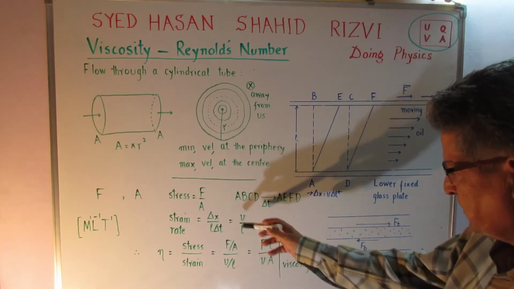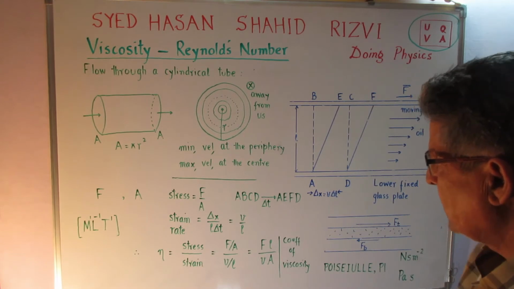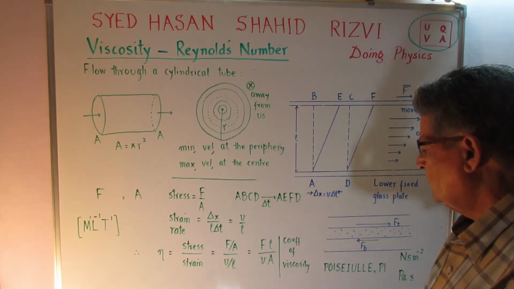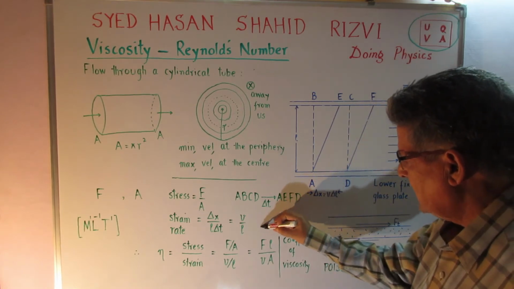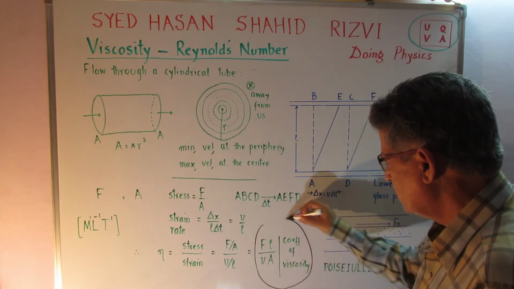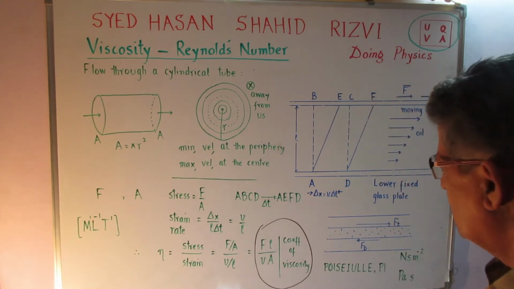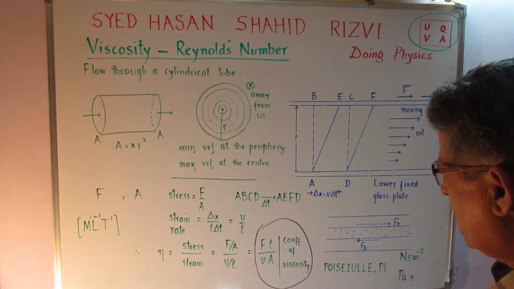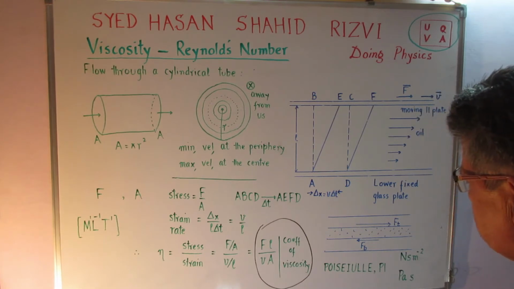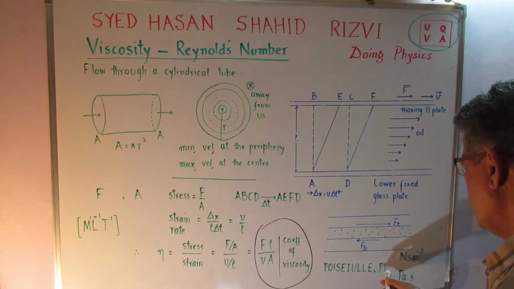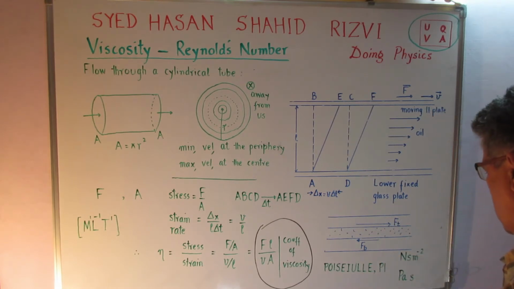So naturally, substituting these terms, I'll get F upon A divided by V by L, or we can say that eta equals FL upon VA, and this is called the coefficient of viscosity. The unit of the coefficient of viscosity is the Poiseuille, PL.